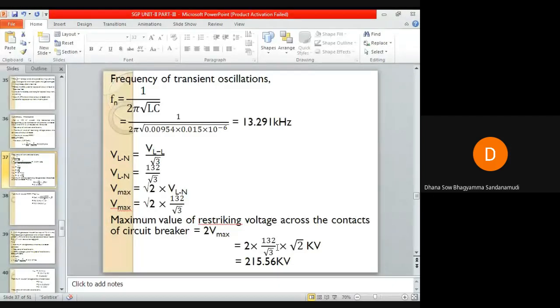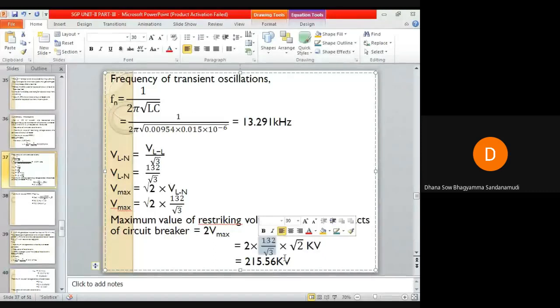Simplify it and you will get 215.56 kilovolts. We write kilovolts because the line to line voltage is given in kilovolts. So you have got the value for restriking voltage, 215.56 kilovolts.